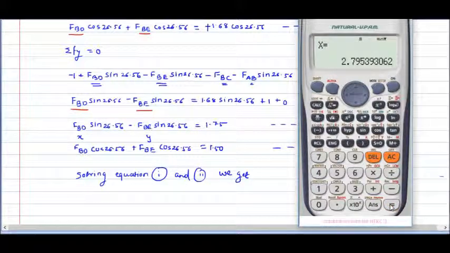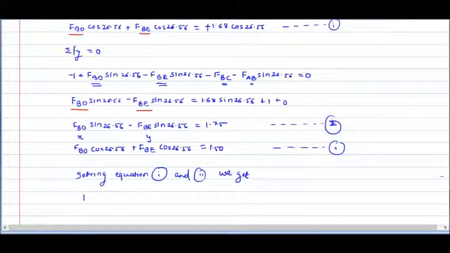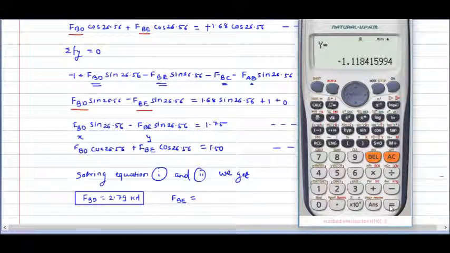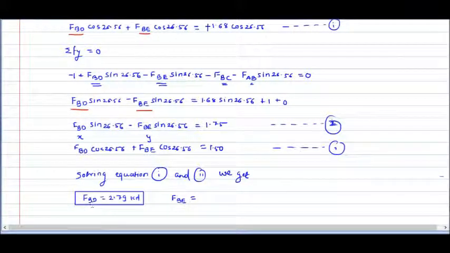So x is 2.79, it means FBD is 2.79 kilonewton, and force in member BE will be equal to what we have finalized as minus 1.11 or minus 1.12, we can take. Both these values we got here.